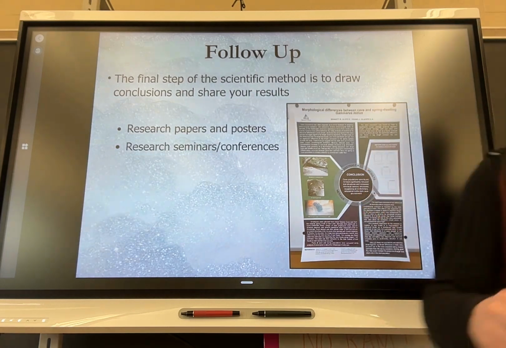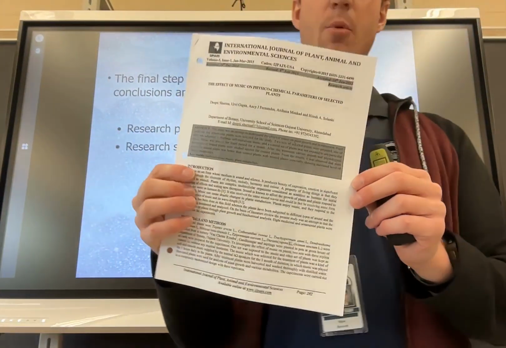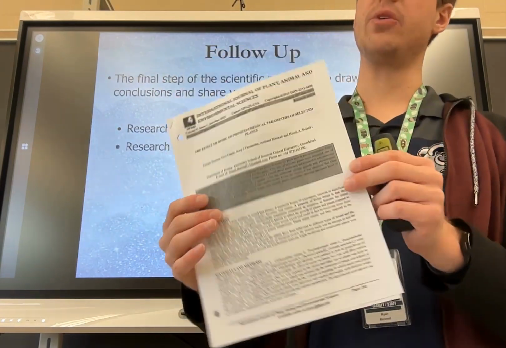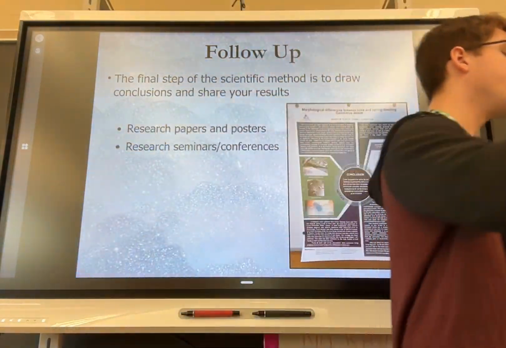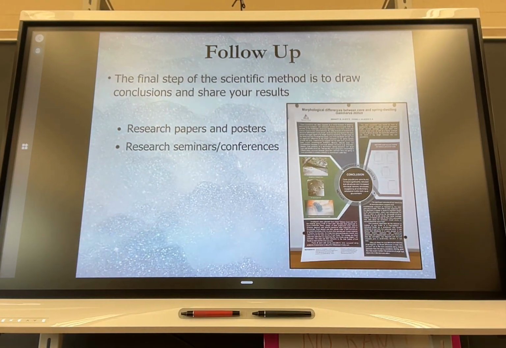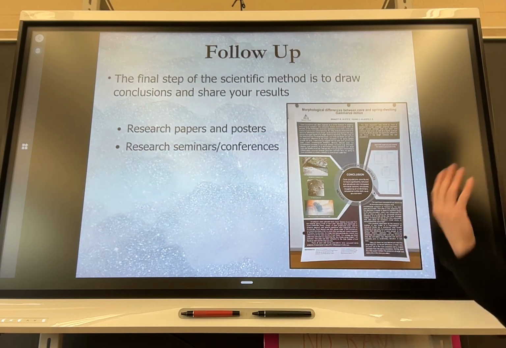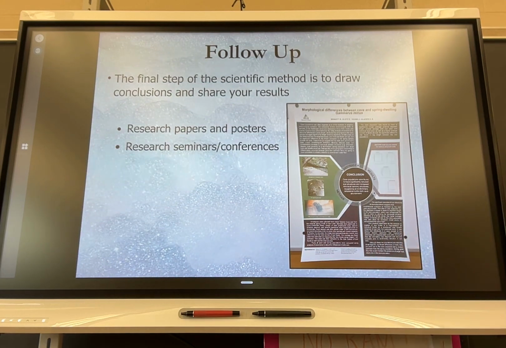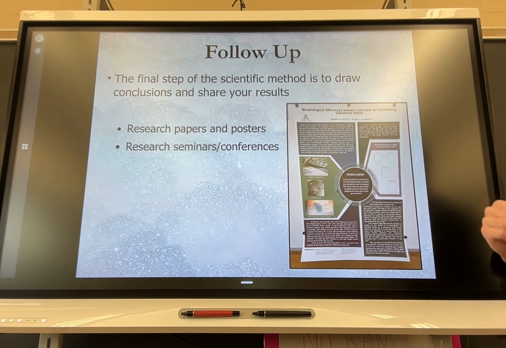For example, this is a lab report we are going to be reading in class about the effects of music on plant growth. These lab reports help us explain what we did, how we did it, and how we got our results, so that other people can see our results, maybe build off of that, or take these results and try it for themselves and see how they do.